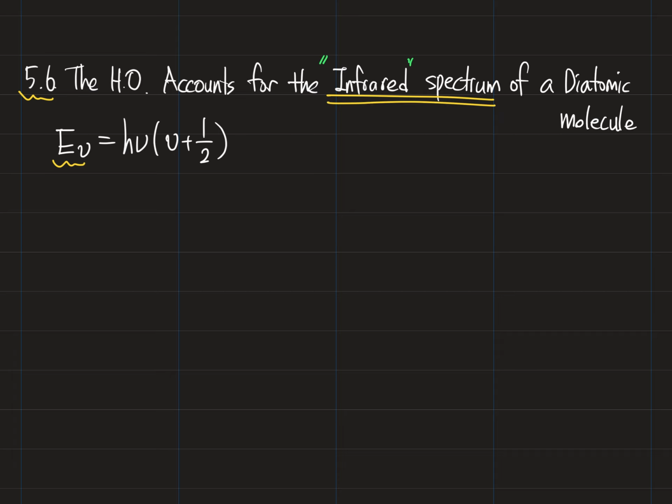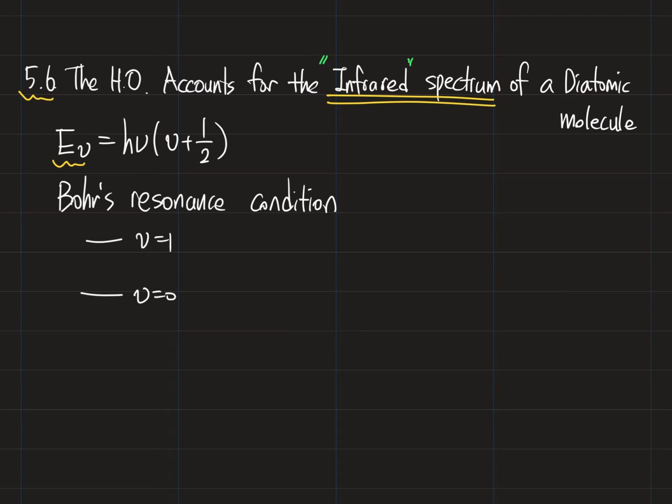You know that according to Bohr's resonance condition, the molecule can jump from a lower energy level to a higher energy level, like v equals 0 to v equals 1, when you irradiate it with a photon that has exactly the same amount of energy as this energy difference.